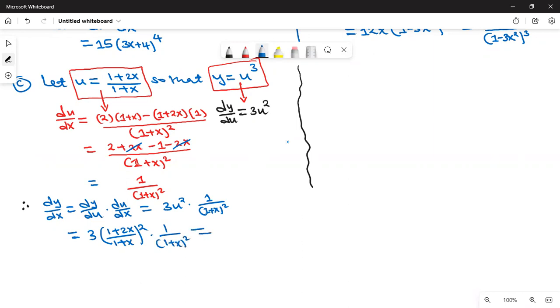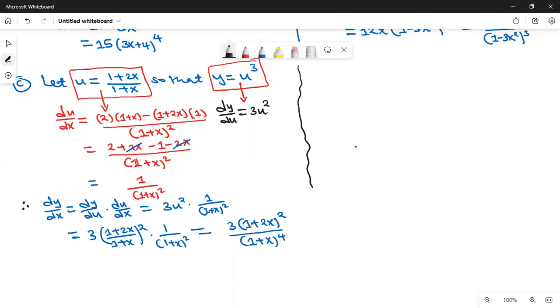So this you can as well write as 3 into (1 plus 2x) squared, everything over (1 plus x) raised to 4. If I apply the laws of indices, you're going to get that. And that's our derivative in part C.